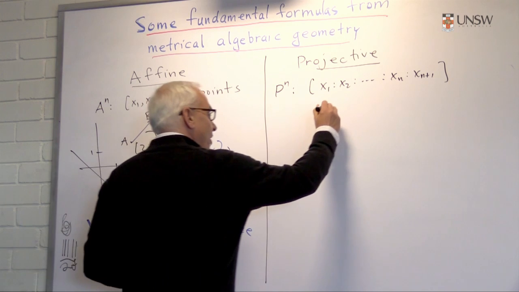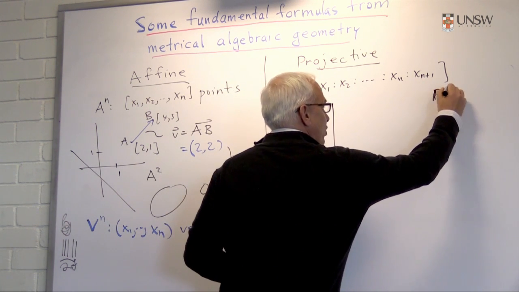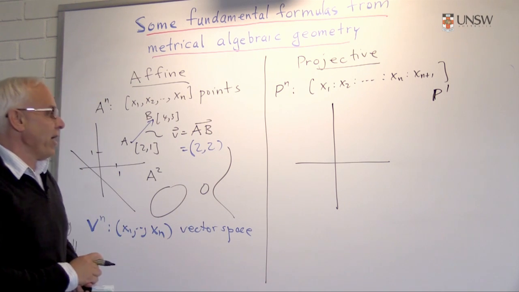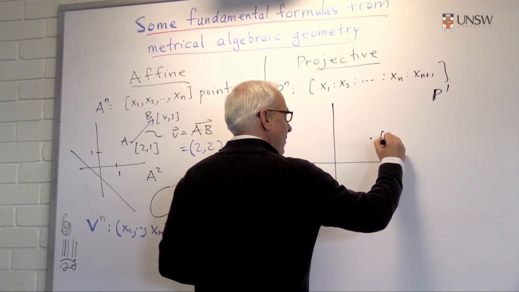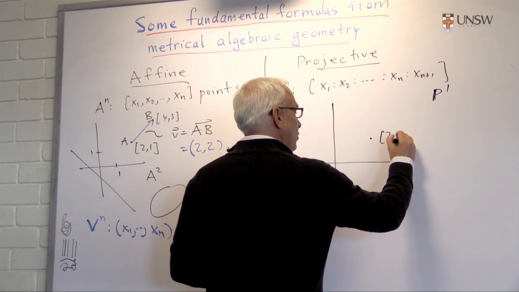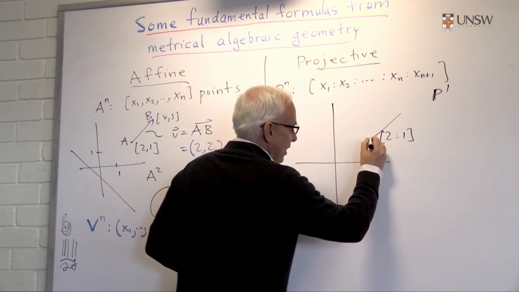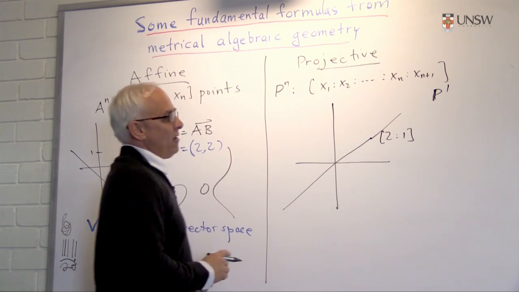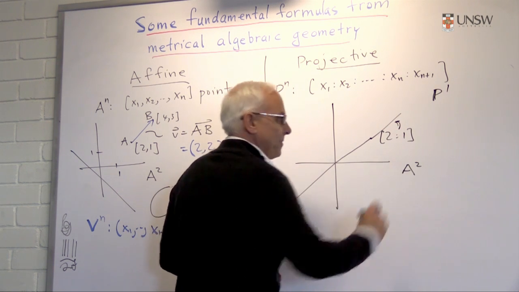And so, for example, if we're thinking about the projective line, P1, then we can think about that as consisting of things like 2 : 1, which is not just a point, but actually a line, representing a line through the origin in two-dimensional affine space.